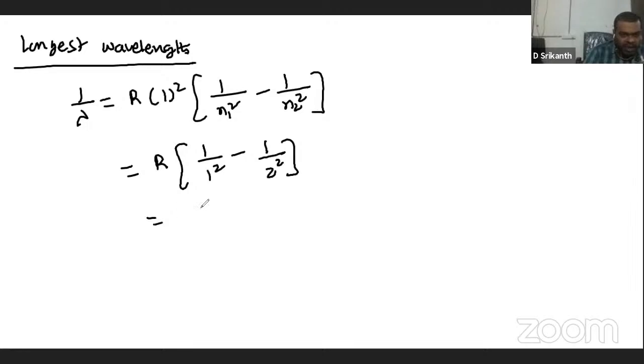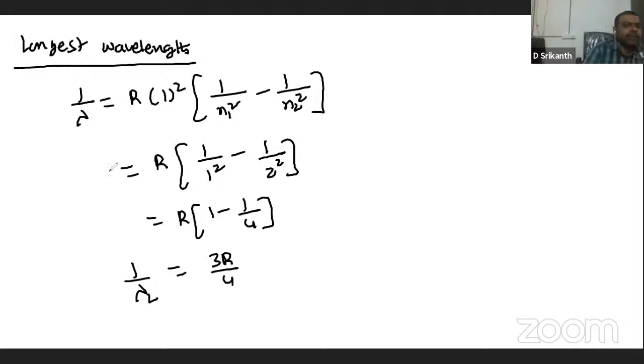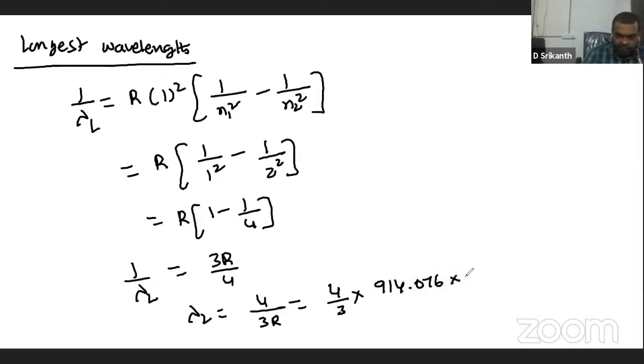So it is R times 1 minus 1 by 4, that is 3R by 4. I'll write it as lambda L, so lambda L equals 4 by 3R, that is 4 by 3 into 1 by R, which we already got as 914.076 into 10 power minus 10 meters, that is angstrom.